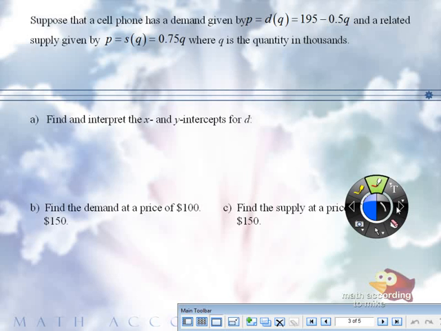Well, how do you find an x-intercept? You make y 0. Well, what is our y here? That's our P. So for the x-intercept, we'll say 0 equals 195 minus 0.5Q.